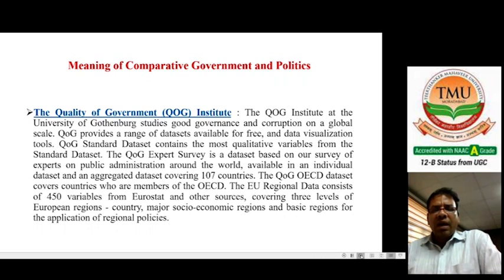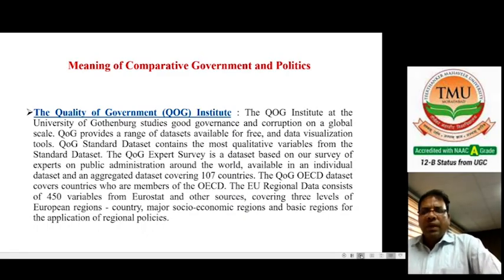The Quality of Government expert survey is a data set based on a survey of experts on public administration around the world, available in individual data sets and an aggregate data set covering 107 countries. The institute also has a database covering the countries that are members of the OECD.